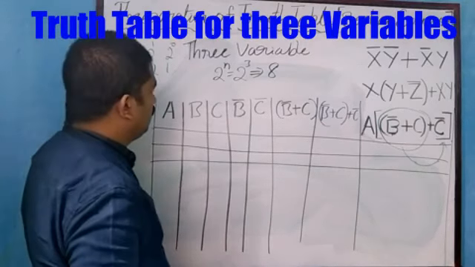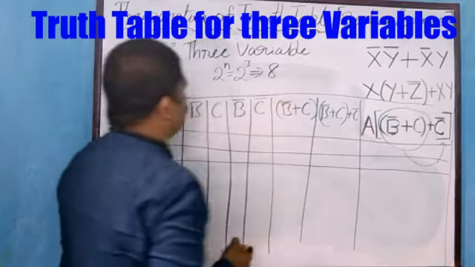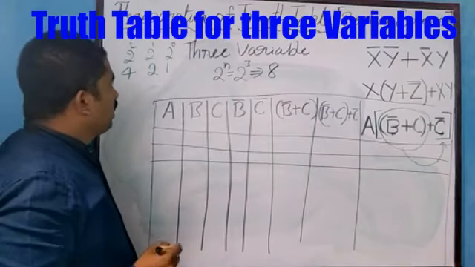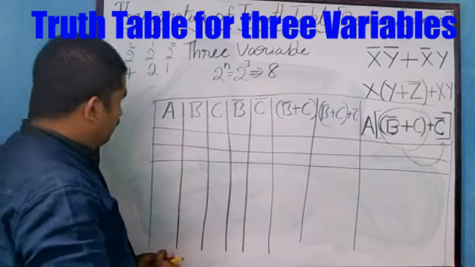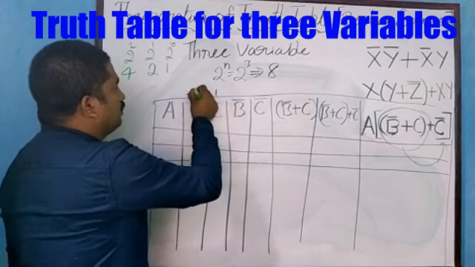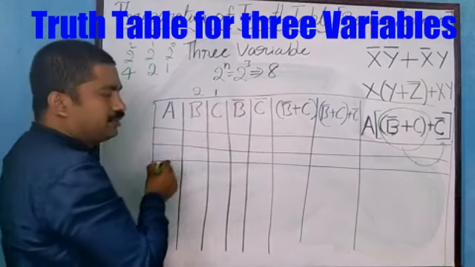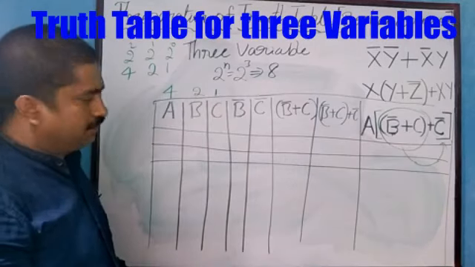So now let us see the different inputs we can write. If you use the earlier trick, you can write here: this is 1, this is 2, next is 4, next is 8.